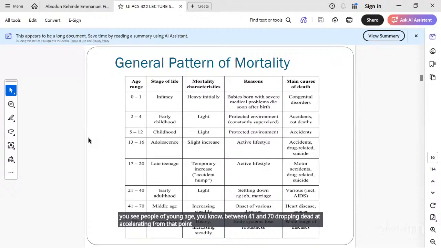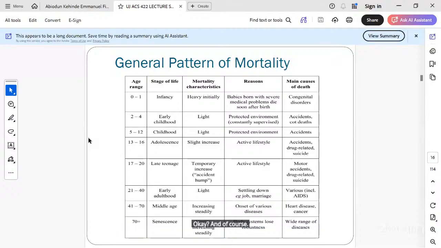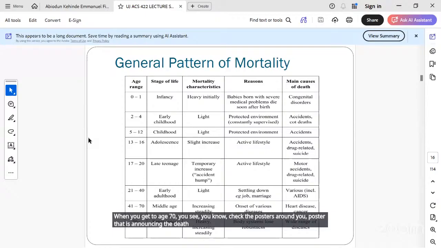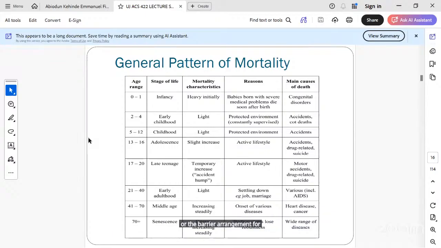Okay. And of course, when you get to age 70, check the posters around you, posters announcing the death or the burial arrangement for some people. They are in their 70s. Okay. So it will accelerate. And then at some point, maybe at age 80 to 90, it will slow down.